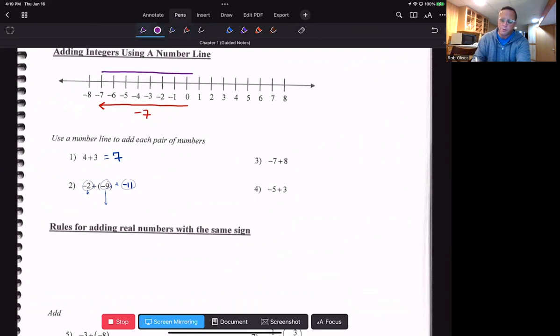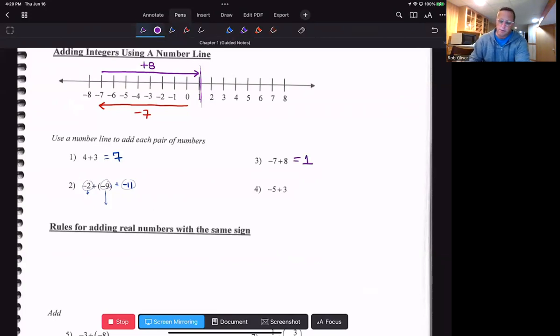So all the way to 1 would be up 8. And that's where you leave off. If you're using a number line, where you leave off is your sum or your difference. In this case, it's a sum, even though we are looking at this more like a difference. But that's the answer. The answer is +1.